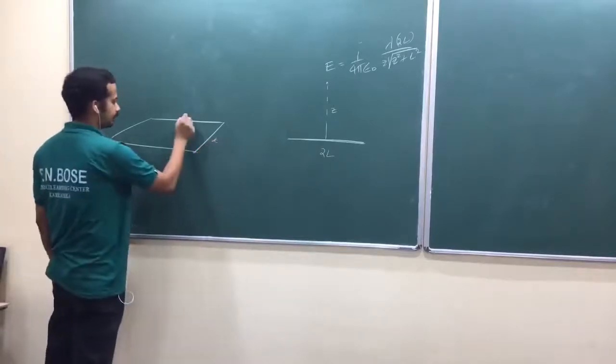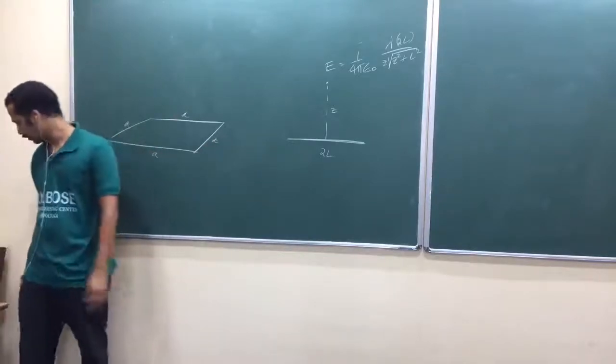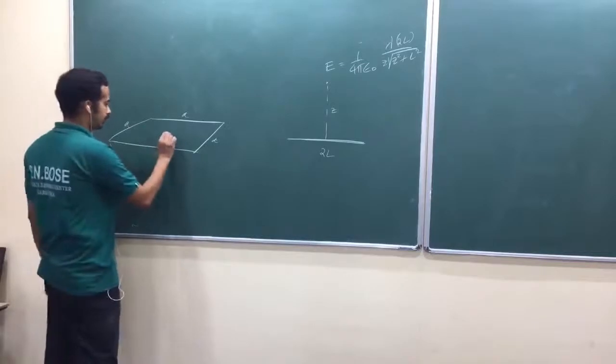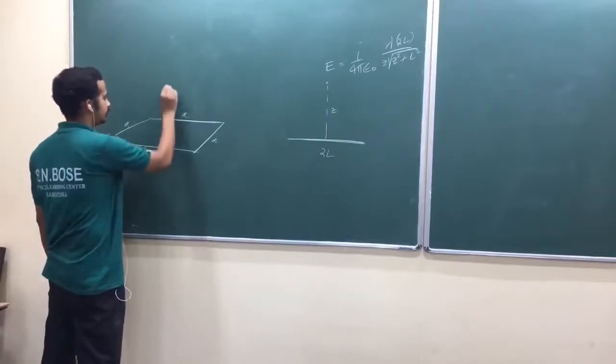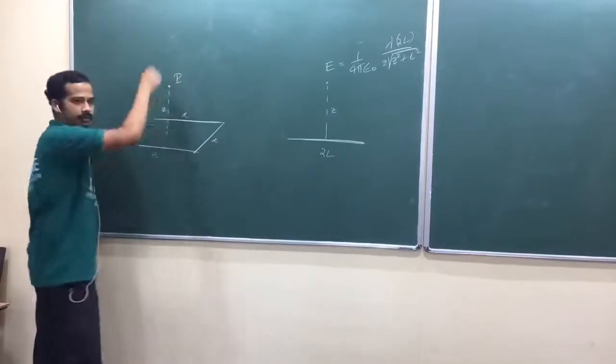Each side is A. Is that okay? You have to find the electric field at a distance Z exactly above the center of the square loop.